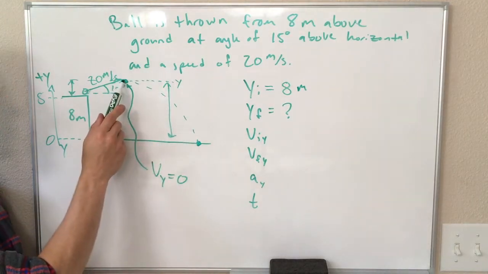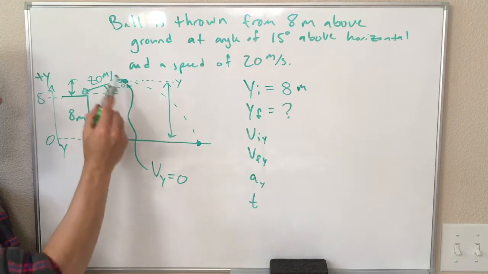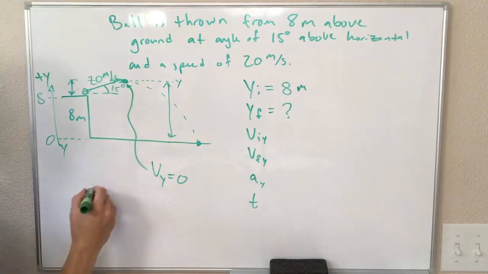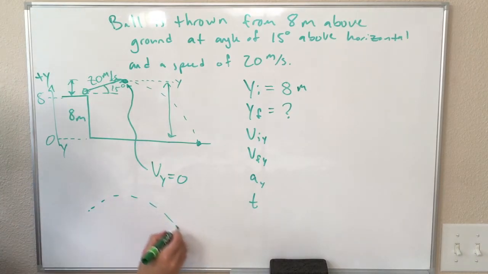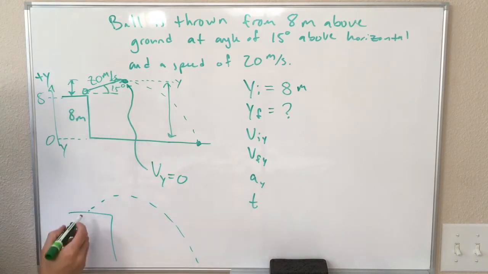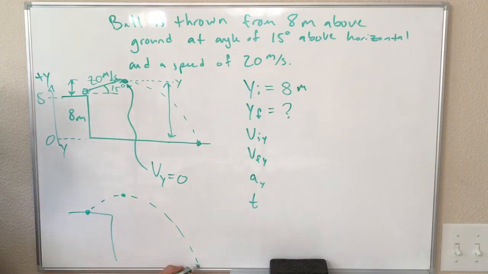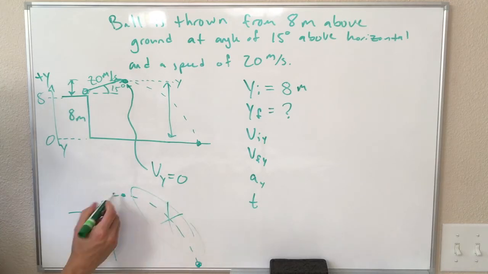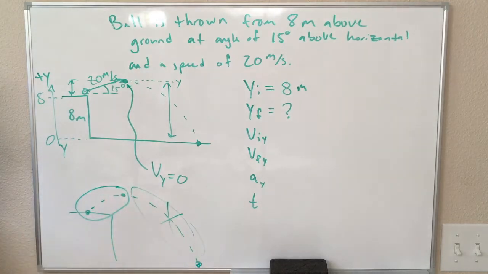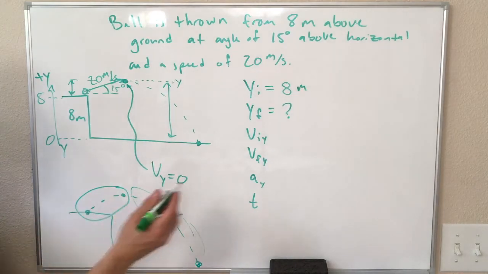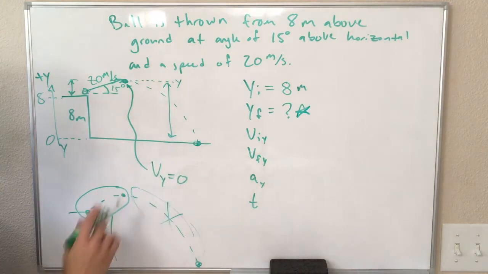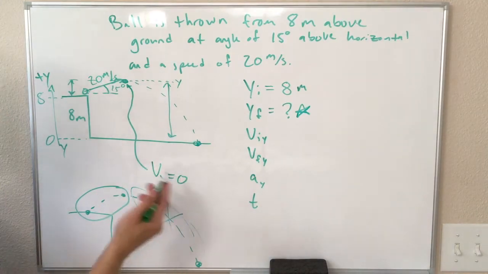We're interested in what's going on over here, just the first part of the motion. Here's the path of our ball, taking off this cliff. We're interested in going from here to here, and we don't care about everything that happens over there. So y final here is what we are looking for. That is distinct from the other y final, which we will find later.